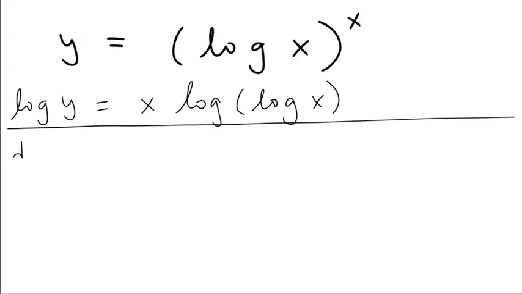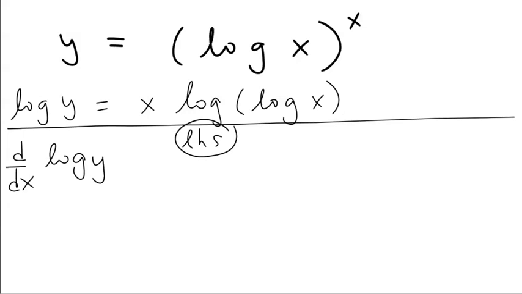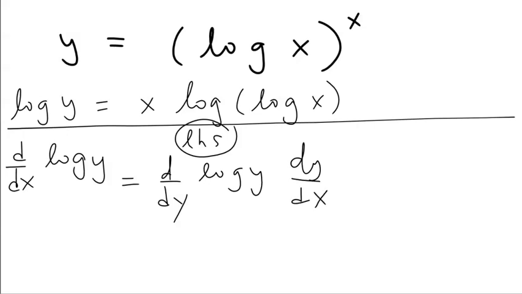Let's do the left hand side first. d/dx of log y is quite simply d/dy of log y times dy/dx. This is nothing more than just the chain rule, and that's going to give you 1 over y times dy/dx.